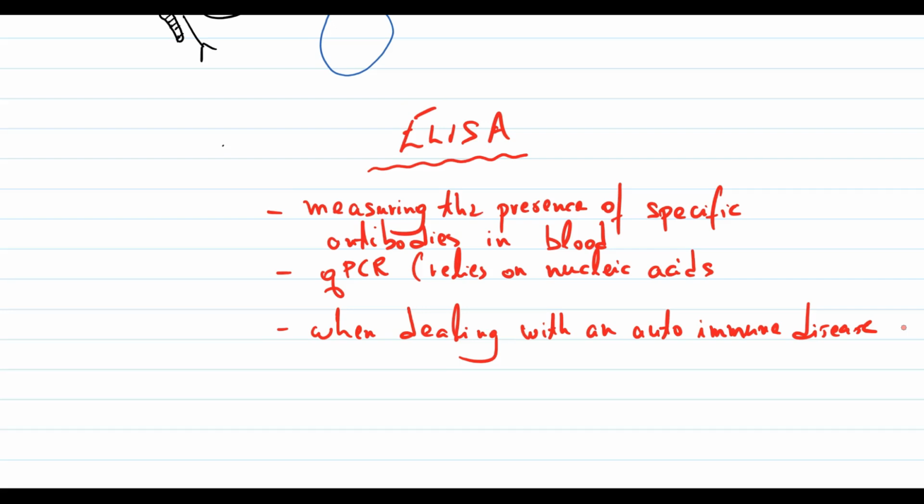A good example would be lupus. In lupus, you generate antibodies against your own DNA. You shouldn't, but it happens.